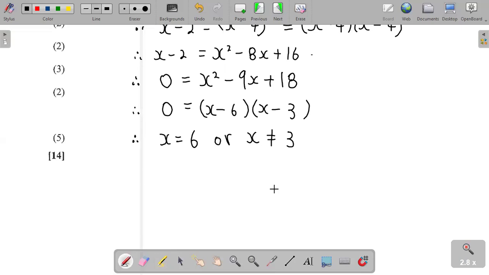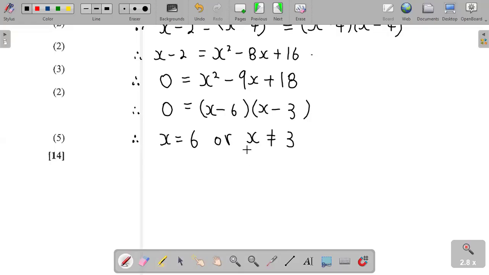Okay, x is equal to 6 or x is not equal to 3, because a lot of people leave it at this point, they would say x equals to 3. It should be like this, okay? There should be a cross there, you see.